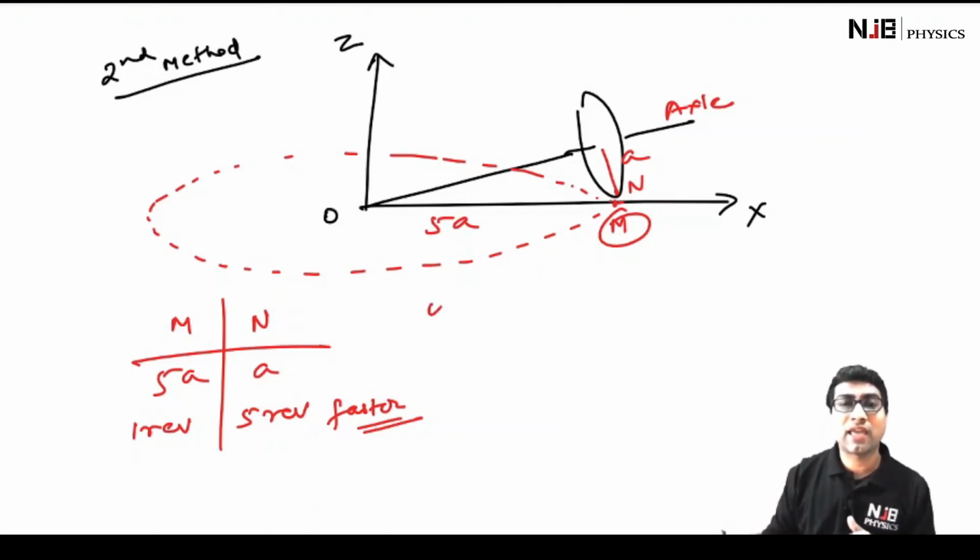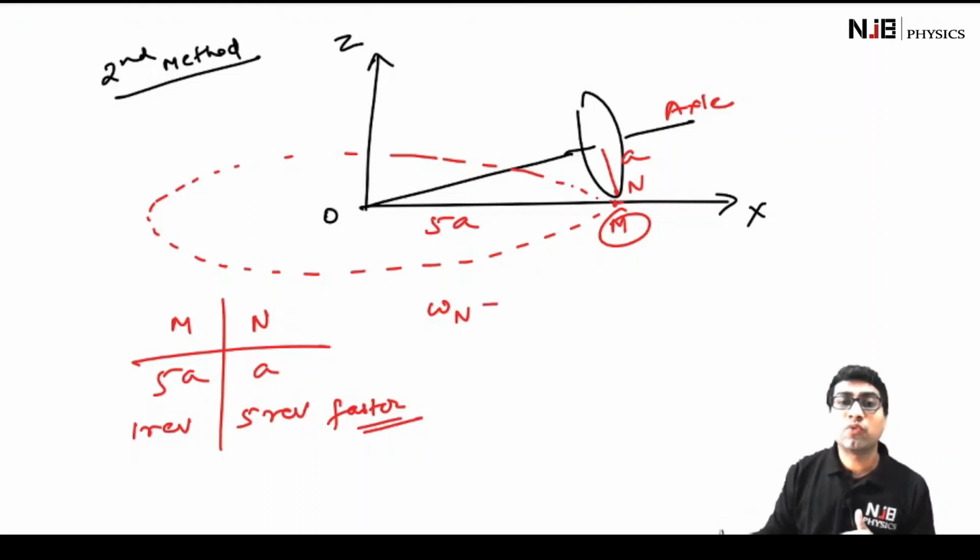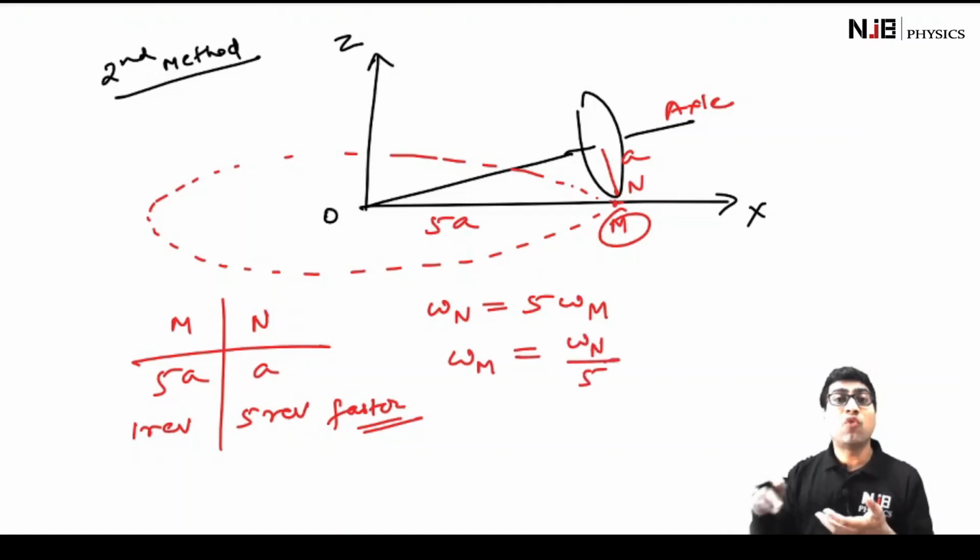So we can say that the angular velocity of N about the axle is equal to 5 times the angular velocity of point M. And this is common sense basically we are using. So the angular velocity of point M becomes the angular velocity of point N divided by 5. Now, what is this angular velocity of point M as it revolves in a horizontal circular motion?